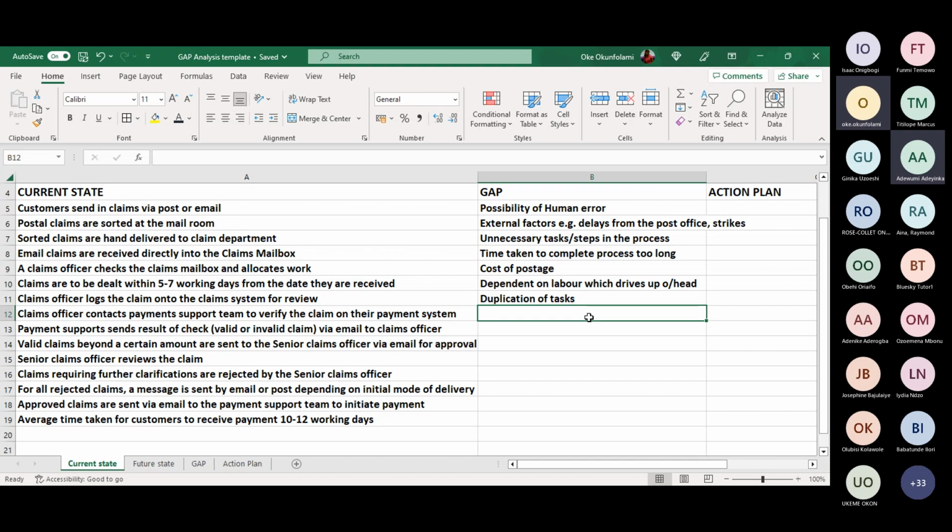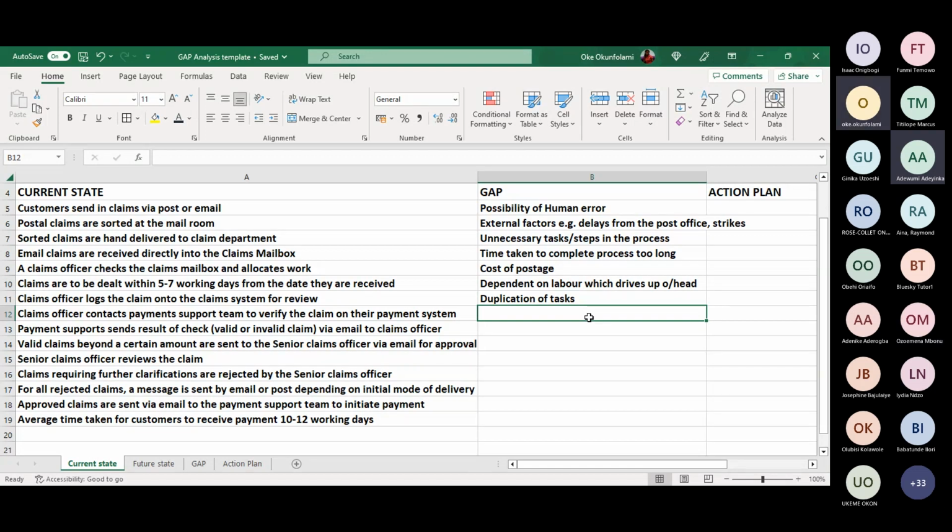Yeah. Okay. Also, another one I spotted there was when the claims are rejected, when the message is sent, depending on the mode of delivery the initial claim was made. I think that's more a solution than a problem.